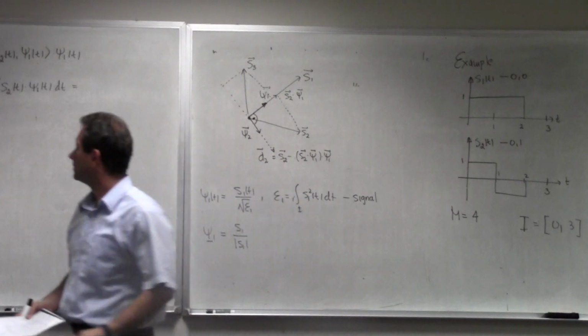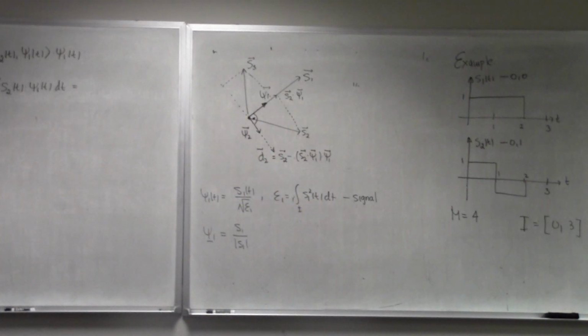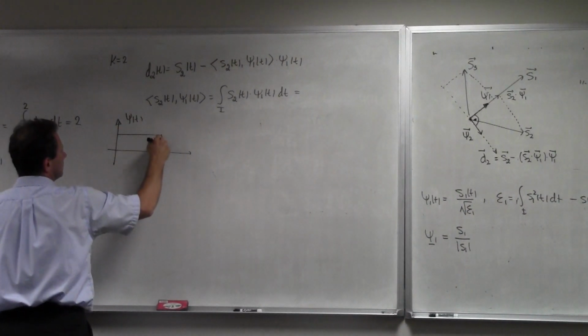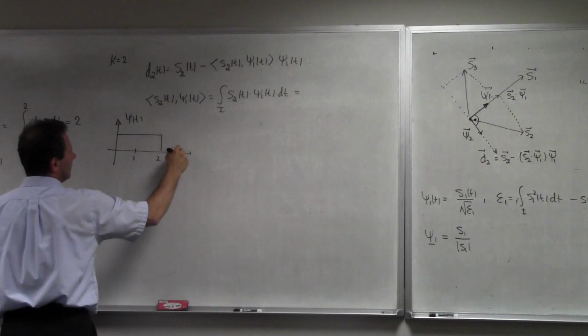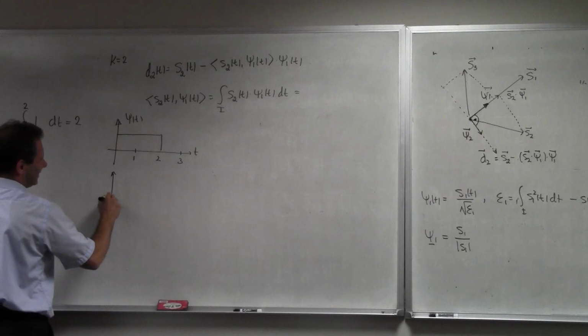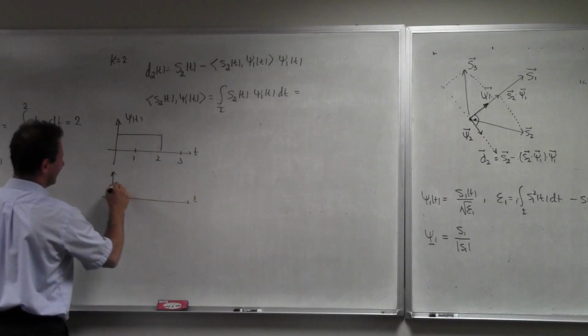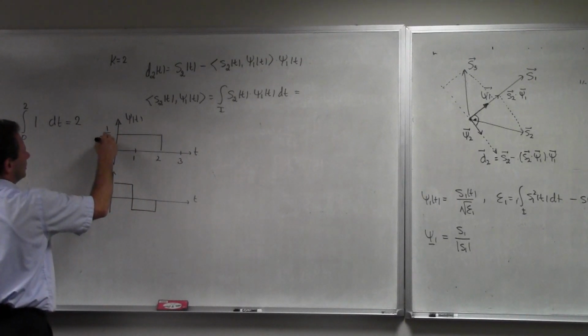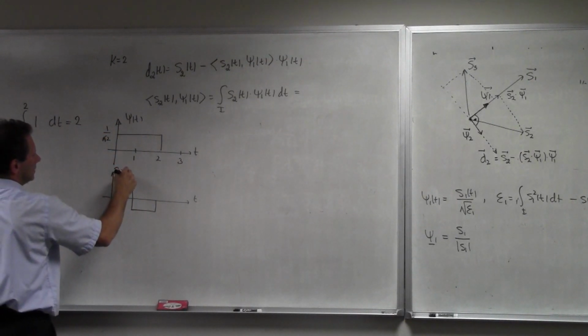Okay, let's do it. So here's what I have. I have psi 1 of t, which looks like this. This is 1 over square root of 2, and this is S2 of t.